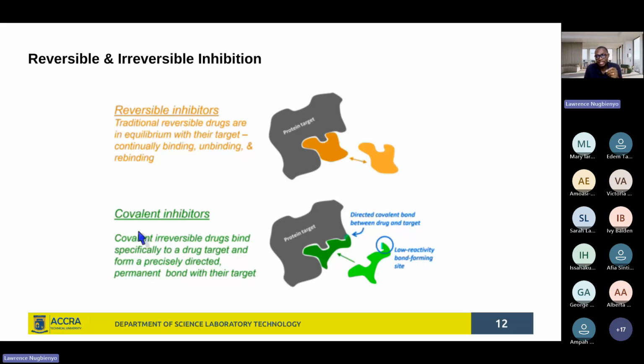But you can also have irreversible inhibition, where the inhibitor actually forms covalent bonds, or let's say strong non-covalent bonds, with the enzyme. This is what you find maybe in pesticides, where you have covalent bonds of inhibitors with a particular enzyme, that will result in the death of an insect, for instance.